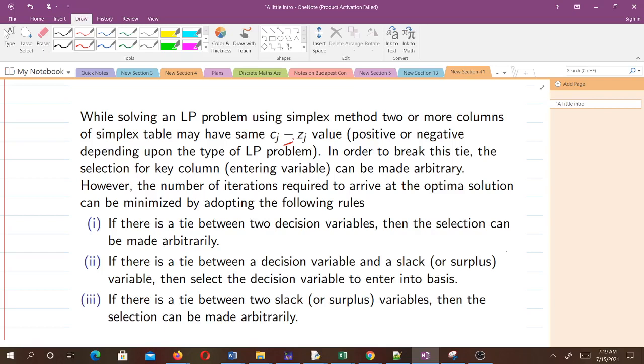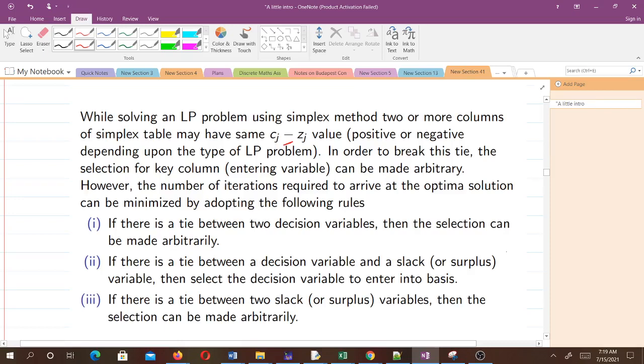The first rule is that if there is a tie between two decision variables, and I hope you know decision variables are the variables in the objective function, then the selection can be made arbitrarily. You can choose any of them to enter, and you still get your optimal solution at the end.